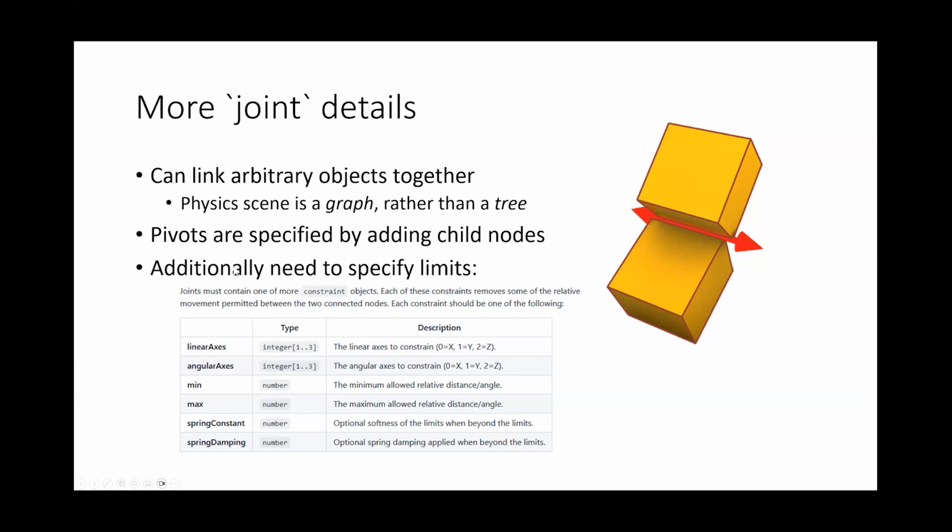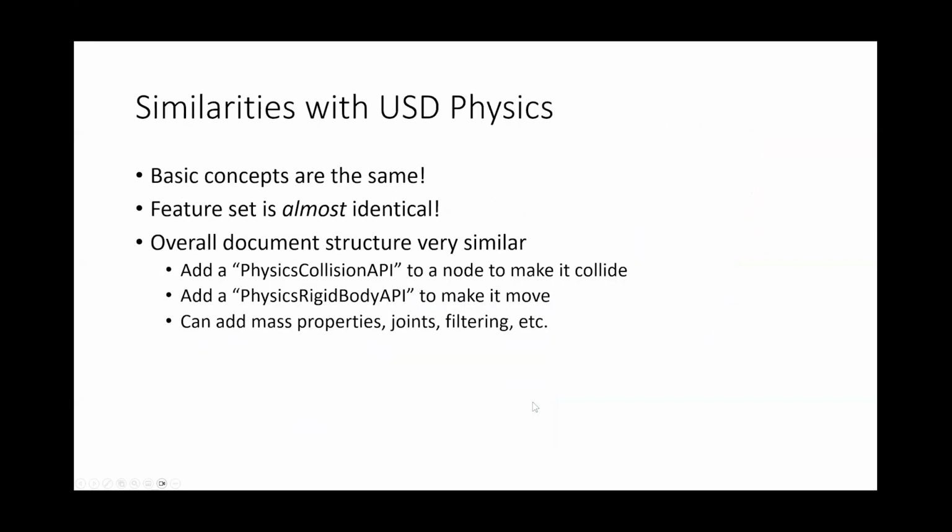So we have a constraint object which tells you which axes to limit, if there's a min or a maximum on those objects, and if they're stopped by adding these spring constants, spring damping. I don't have an example of that, unfortunately. So that's the guts of what the glTF physics does.